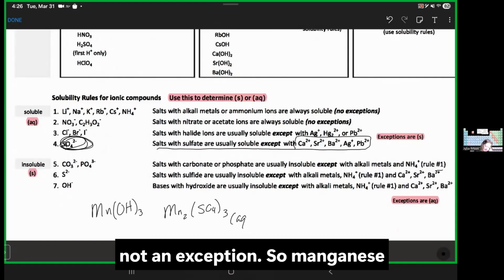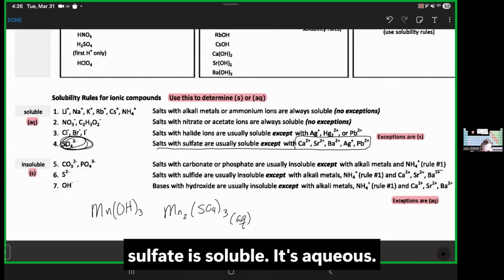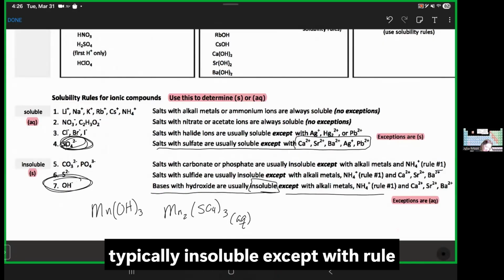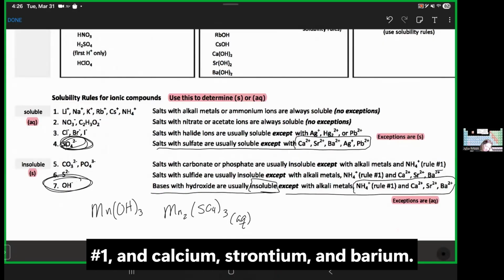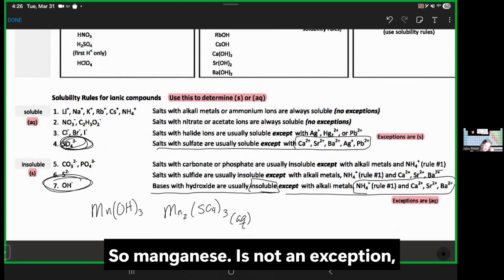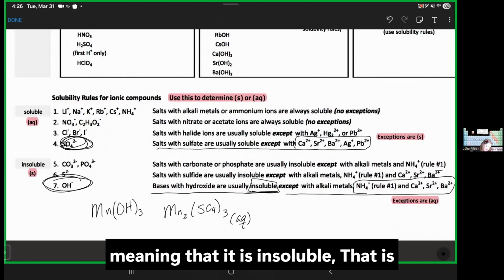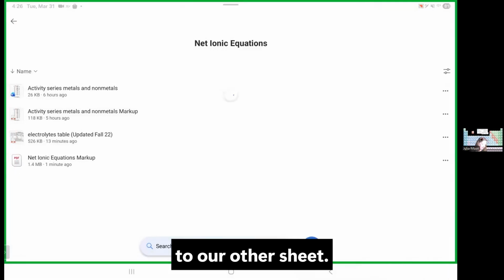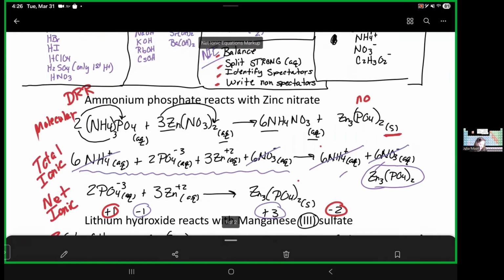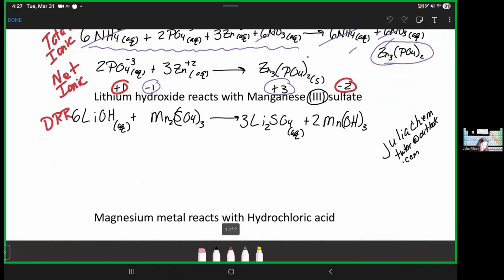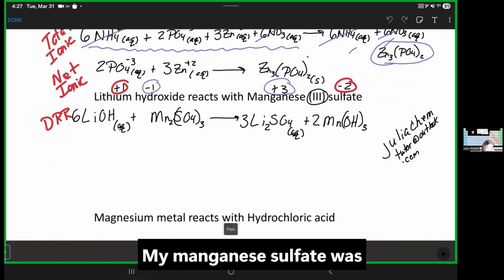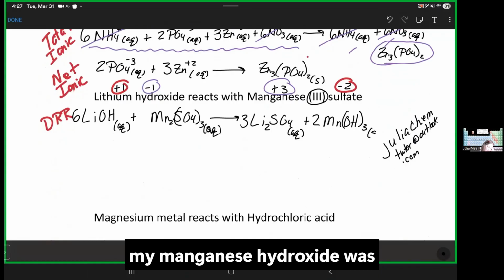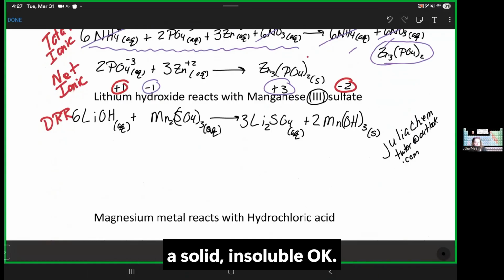So manganese sulfate is soluble, it's aqueous. Here are my hydroxides. They are typically insoluble except with rule number 1, calcium, strontium, and barium. Manganese is not an exception, meaning that it is insoluble, a solid. Going back to our other sheet, my manganese sulfate is soluble, aqueous, and my manganese hydroxide is a solid, insoluble.